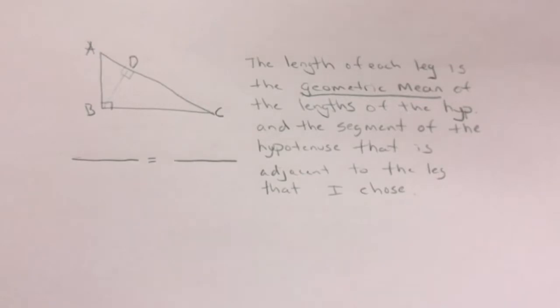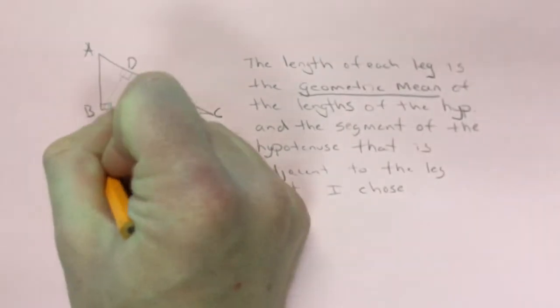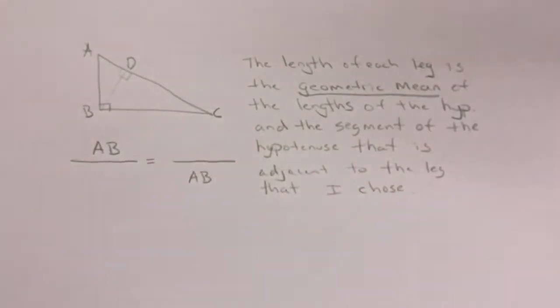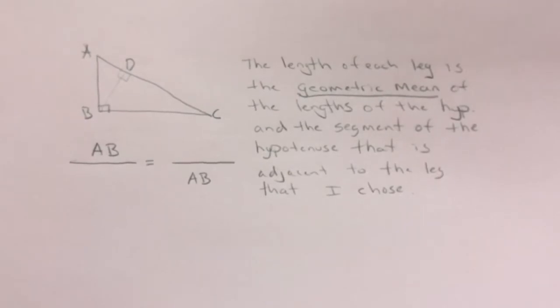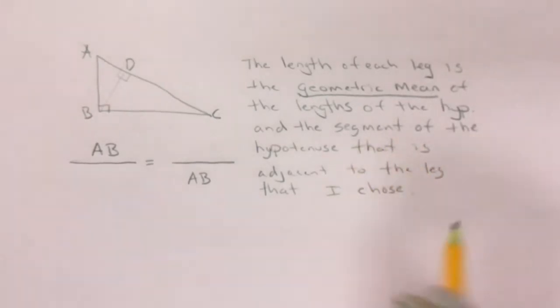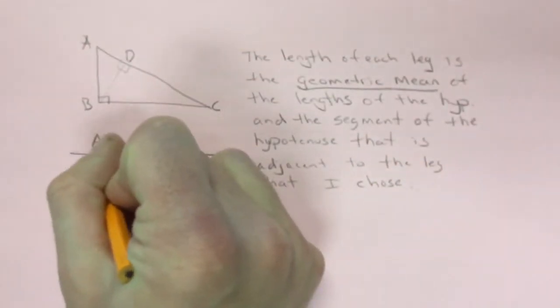So we have leg AB and we have leg BC. So I'm going to do this for AB first. The length of each leg is the geometric mean. So you take the leg and you mention it twice in your proportion. So I go AB and AB, and it is the geometric mean of the lengths of the hypotenuse. Easy enough, hypotenuse.